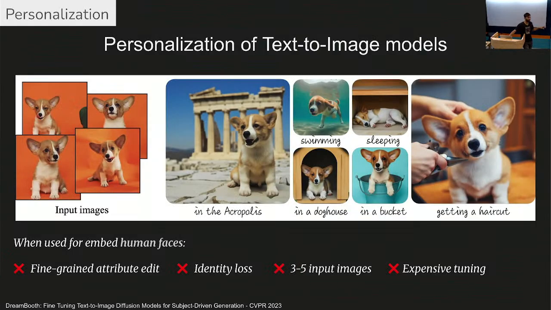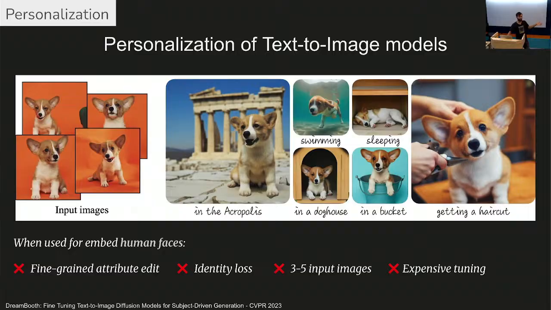Faces have lots of details, and if you miss a little bit, you will not recognize the person as the same person. In dogs, it looks the same, but if you put in a face image, it will miss out on that. Again, it requires 3 to 5 images and expensive fine-tuning of the base model. So we solved all of these things specifically for the task of face personalization.